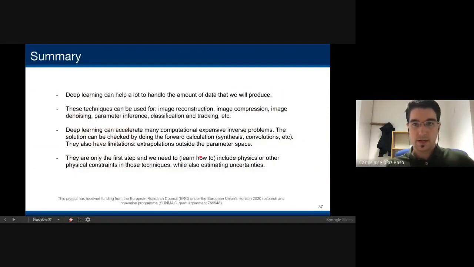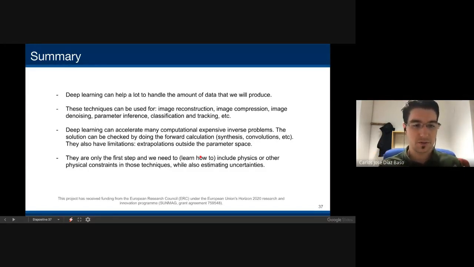So, well, I know I have been showing many different examples, so I just wanted to summarize in this last slide: deep learning can help a lot to handle the amount of data that we are producing and we will produce.